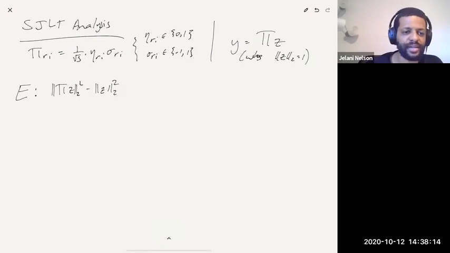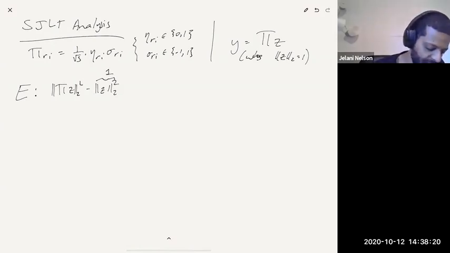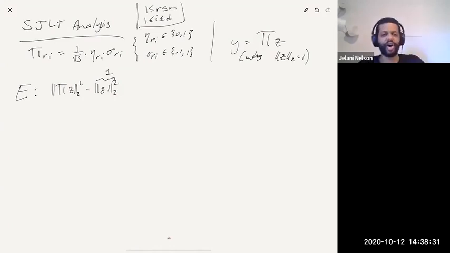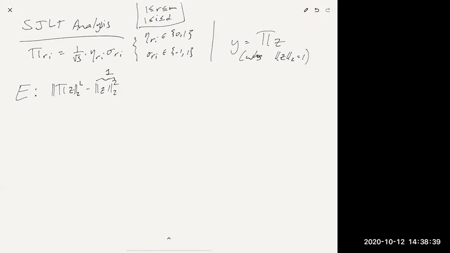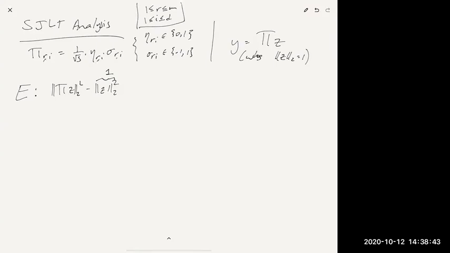So what's Ri? Remember pi is an M by D matrix, so R is between 1 and M, and I is between 1 and D. So pi Ri is just the R, I entry of pi. I just don't want to have to keep writing the commas.